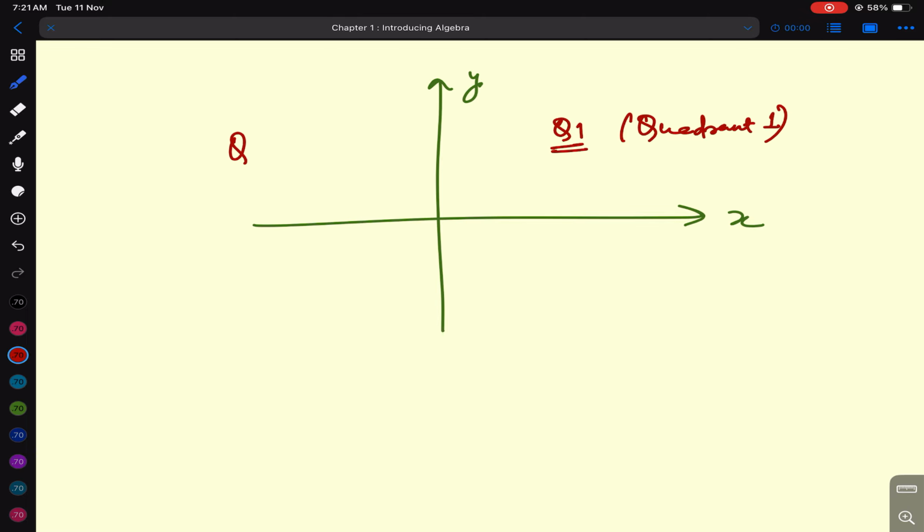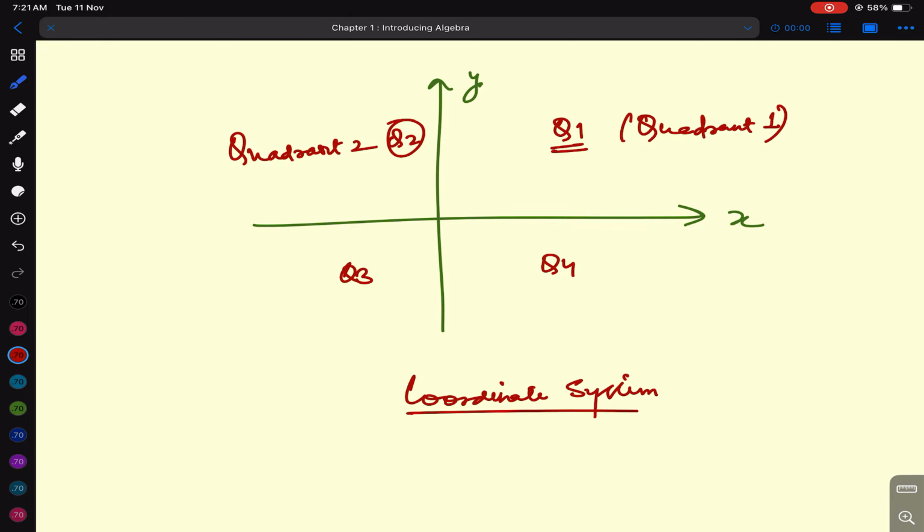Everything we are going to discuss. As you can see on the screen, the first quadrant is the first section, second is second, then third, and then fourth. So this is how we draw the coordinate system, which is a 2D system.